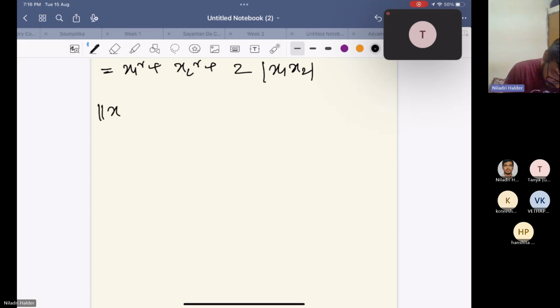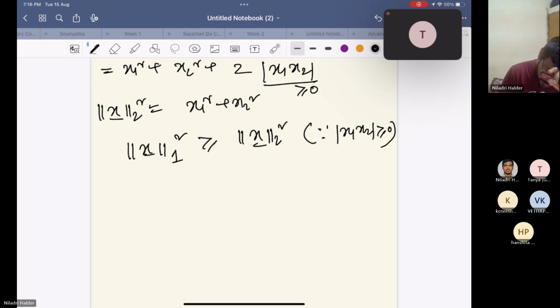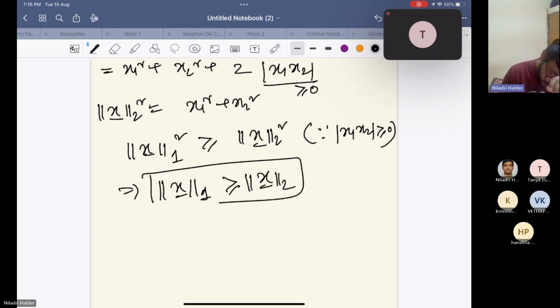So the L2 norm squared is equal to x1 squared plus x2 squared, and this mod term is greater than or equal to 0. So obviously the first one is more than the second one. So the L1 norm is more than or equal to the L2 norm.